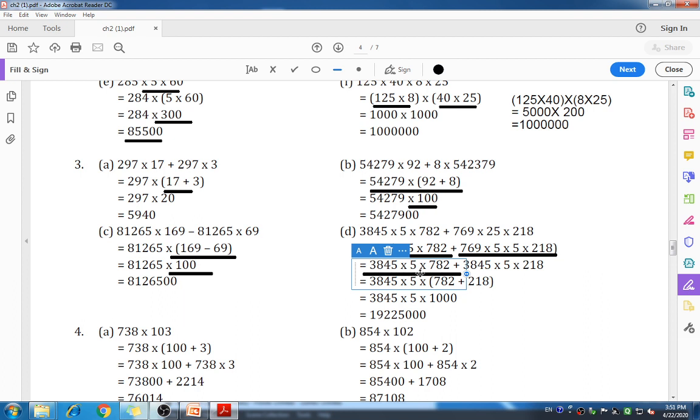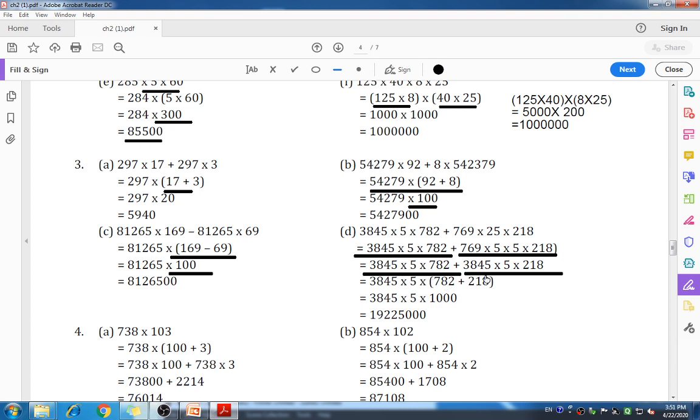3,845 into 5 into 782 plus, if we multiply 769 with 5, we get 3,845, and that 5 into 218 remains the same. Now we get 3,845 common, and 5 is also common. So we put both numbers outside of the bracket with multiplication.